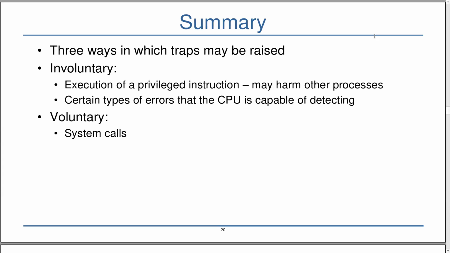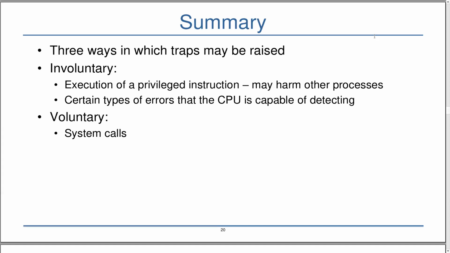So just to summarize, there are 3 ways in which traps may be raised. There are 2 involuntary ways. When we execute a privileged instruction, we may harm the other process, so therefore we have to trap that instruction.